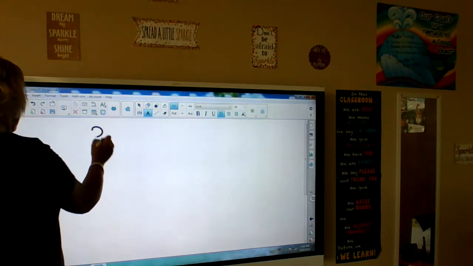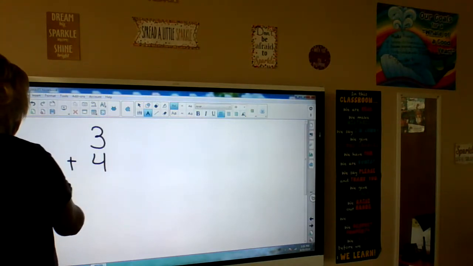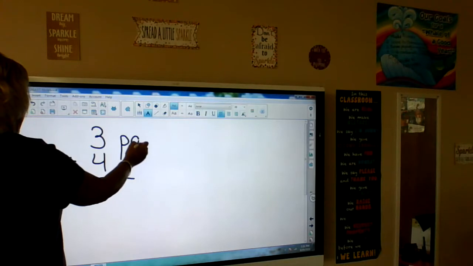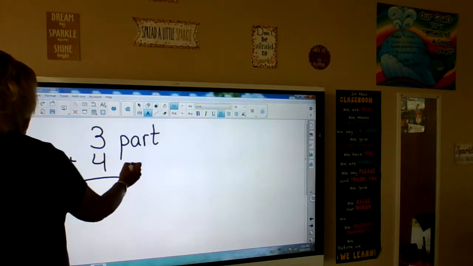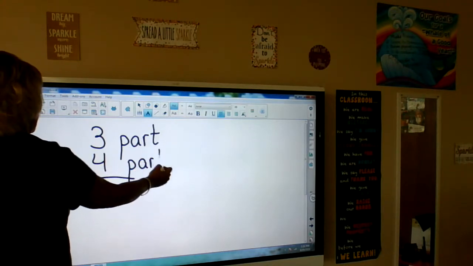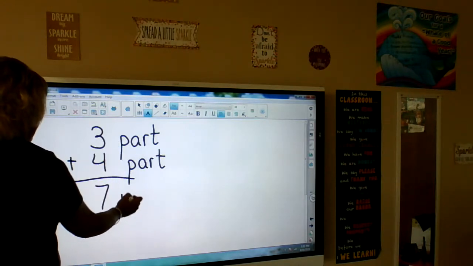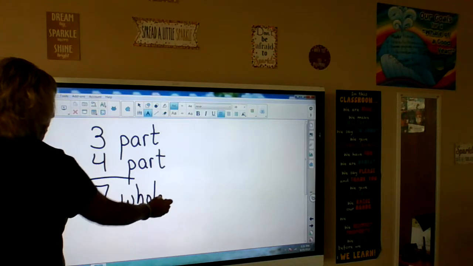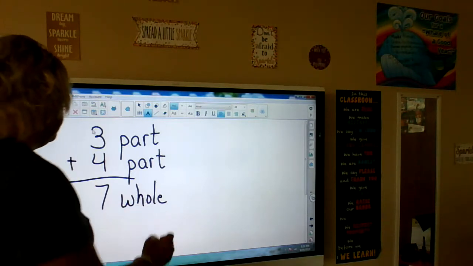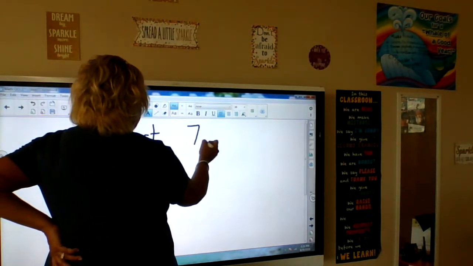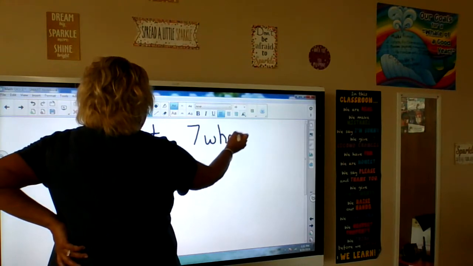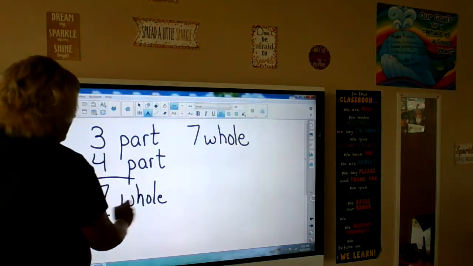So in an addition sentence, I have a part. If I add my two parts together, I'm going to get 7, and that's the whole. Okay? For subtraction, we start with the whole, which would be 7.